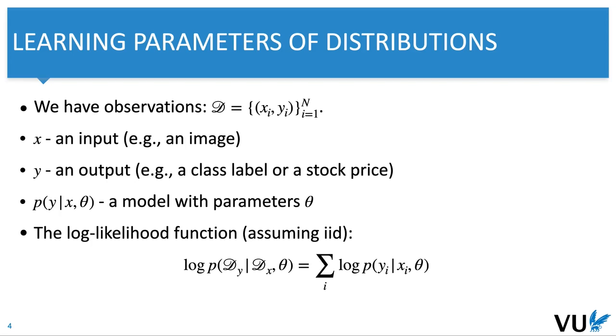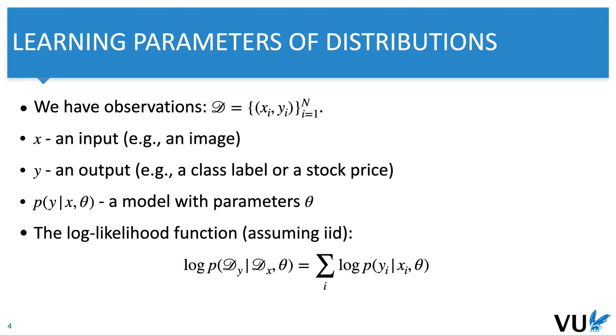And we have a model with parameters theta, and we'll think of it as a conditional probability distribution of a label or an output for a given input and parameters. Please remember this, because logistic regression and neural networks, all of these models, model exactly this quantity. And the log likelihood function is our objective.